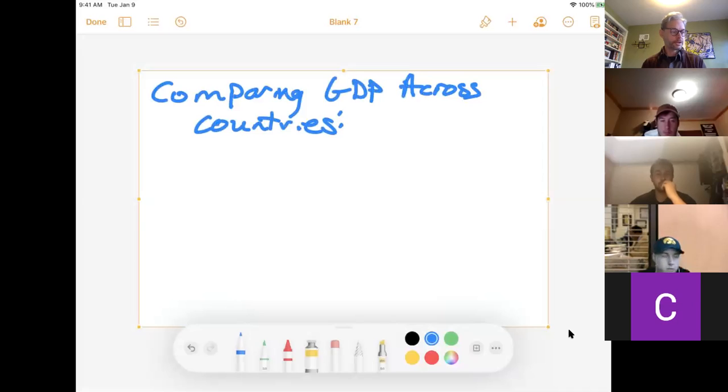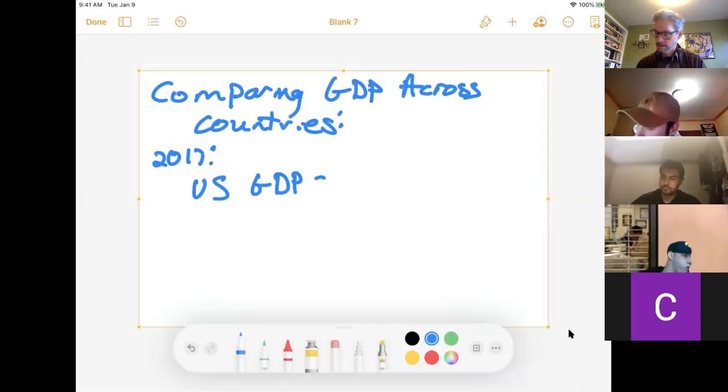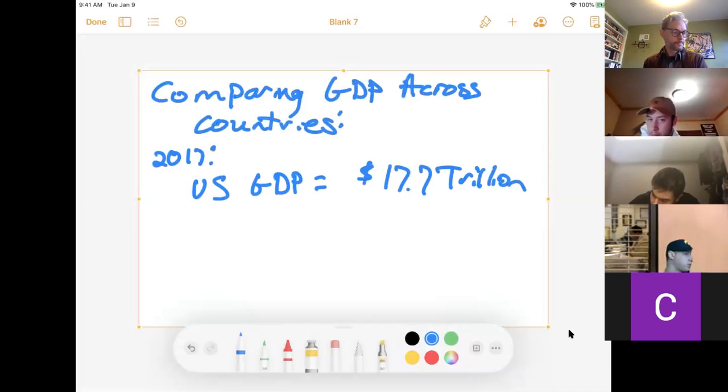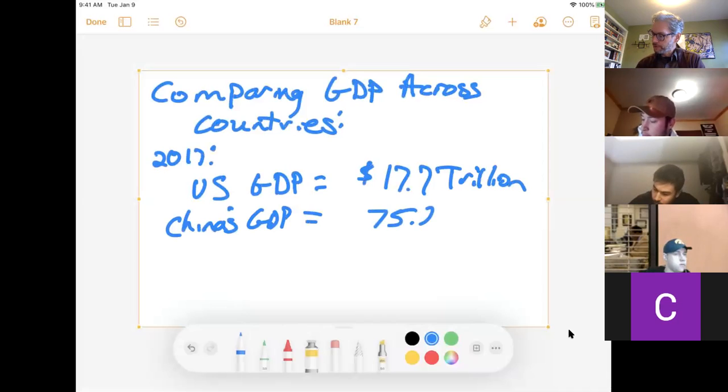Comparing GDP across countries. So if we look at 2017, we see that US GDP was about $17.7 trillion, okay? China's GDP was about 75.2 trillion RMB.